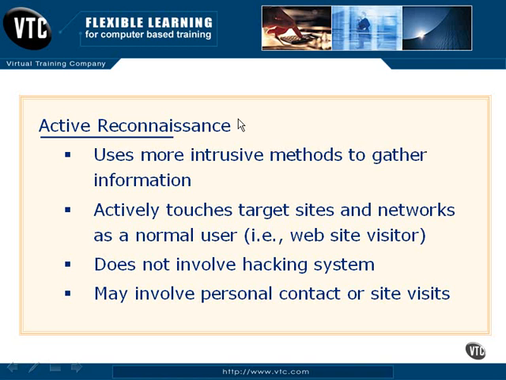Hackers might find, for example, a number that was accidentally listed in the phone book that points back to a secure area where they can call and talk to people who may not be up to speed on what information they can give out over the phone. I've had several scenarios in the past where users would get phone calls from outside people requesting information, wanting email addresses and contact, things that are not normally listed on the outside. That's going to be active reconnaissance, and those are the type things that we want to put ourselves in.